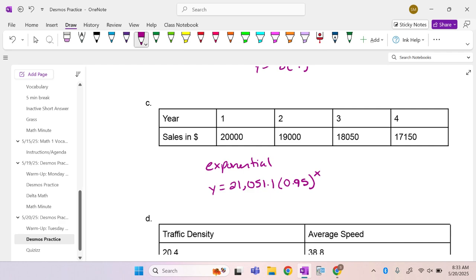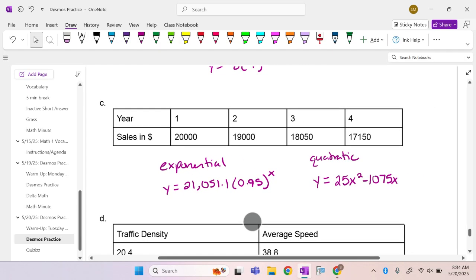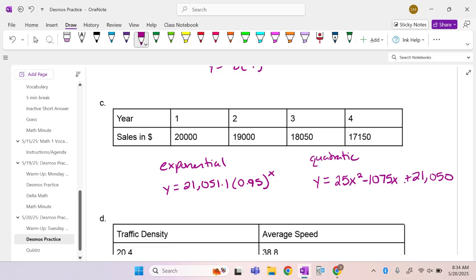I want quadratic. We already had exponential. Now I need the quadratic. So what'd you get for the quadratic function? So the actual equation, if you take the parameters, guys, is this. You also got to actually plug it in to get the equation, guys. Like that's kind of the whole point.